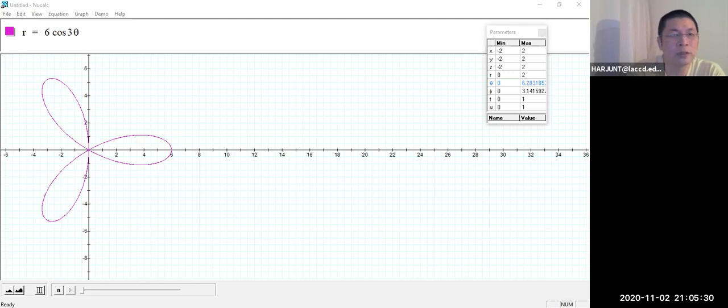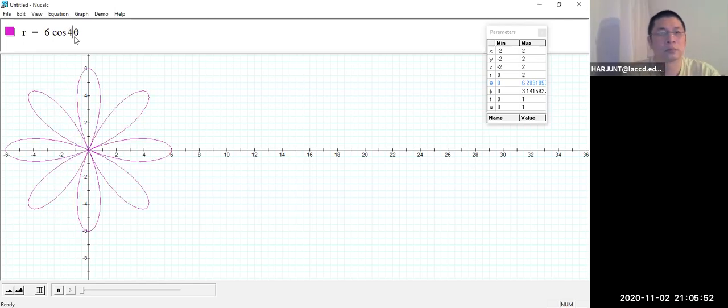If it is even, then the number of leaves will be double. And yes, the principle that it is symmetric with respect to x-axis because it depends on cosine is still maintained.